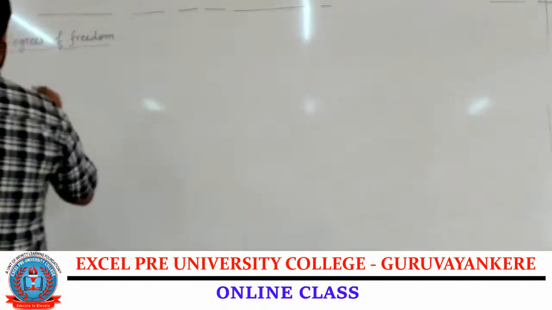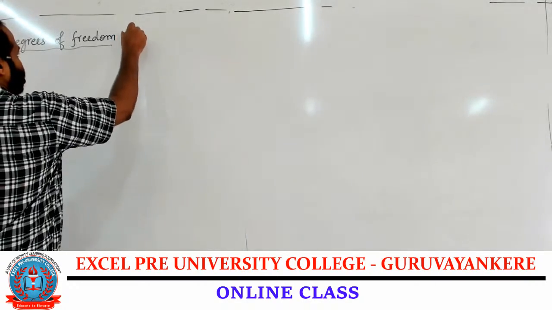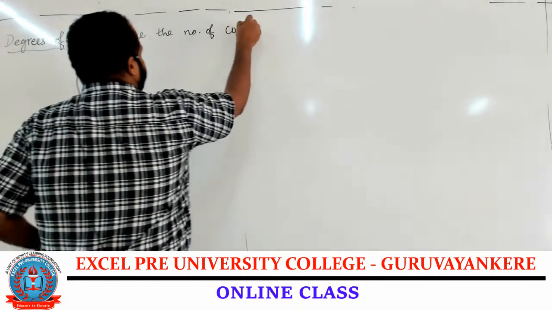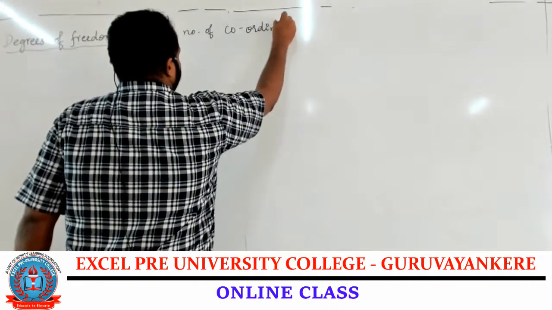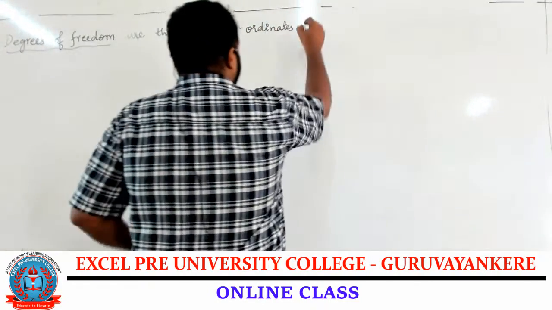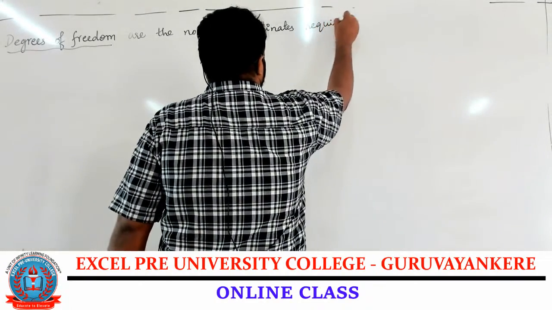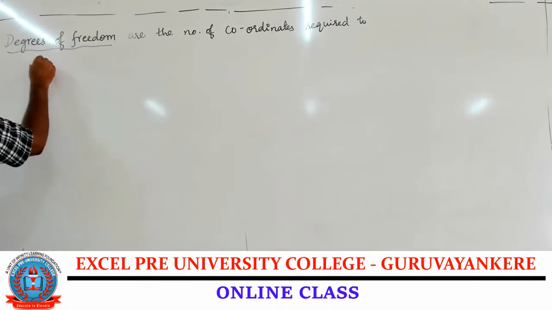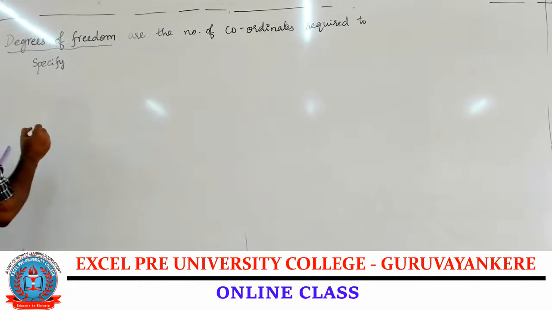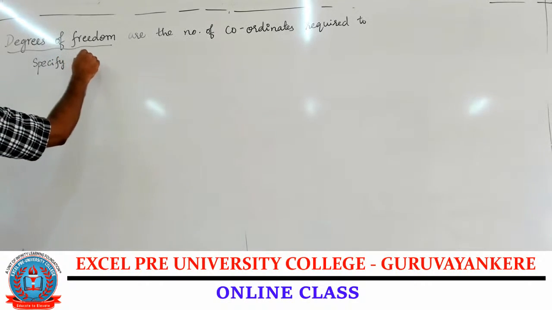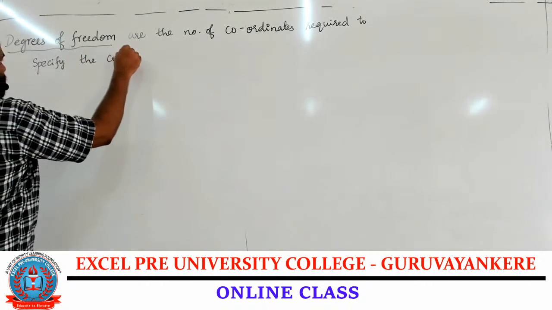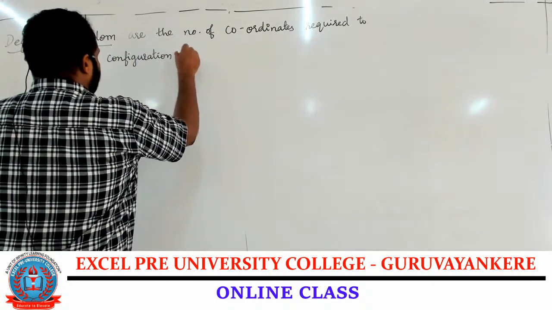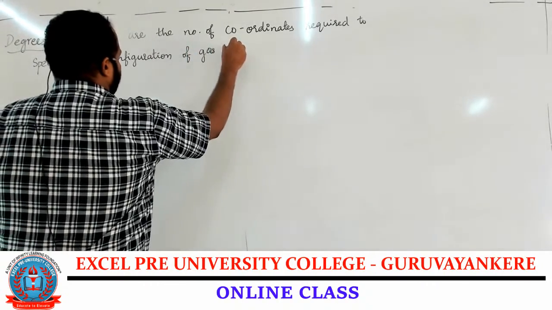So, degrees of freedom are the number of coordinates, as I told you, required to specify the configuration of gas molecules. Configuration, position, like that. Configuration of gas molecules.